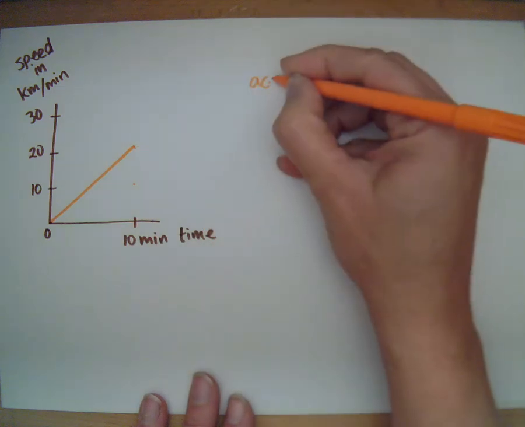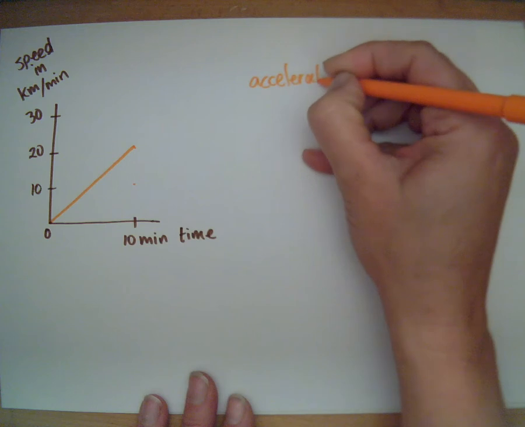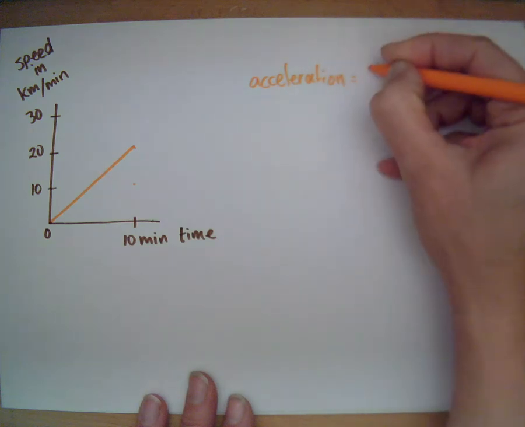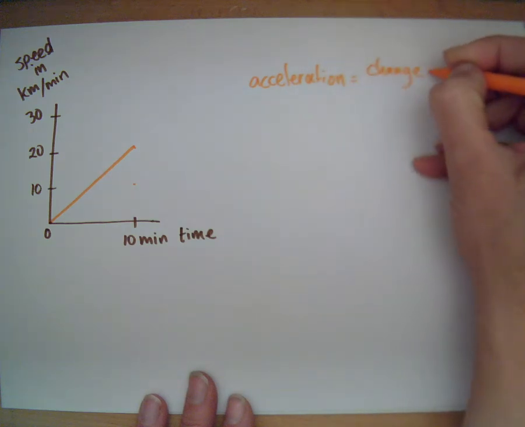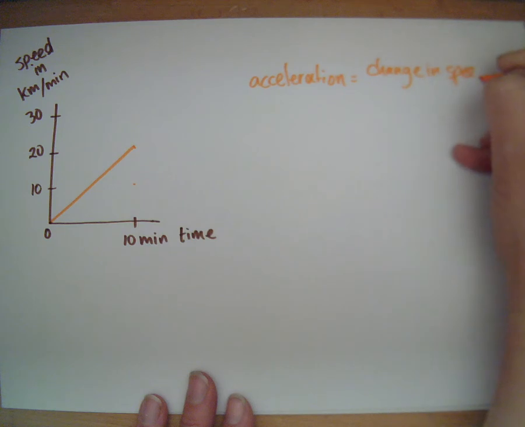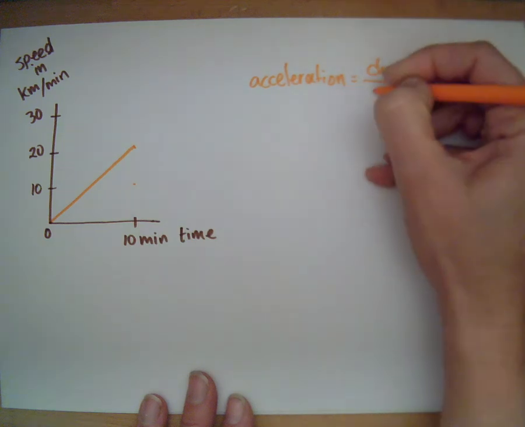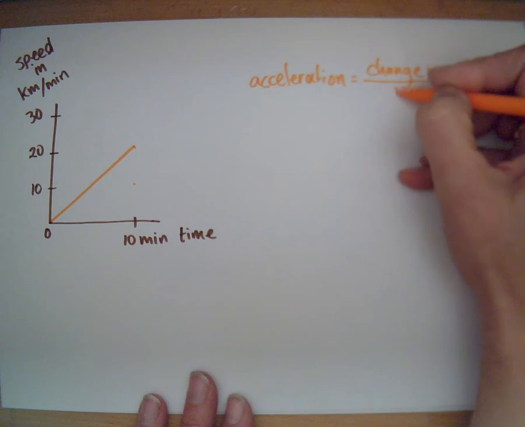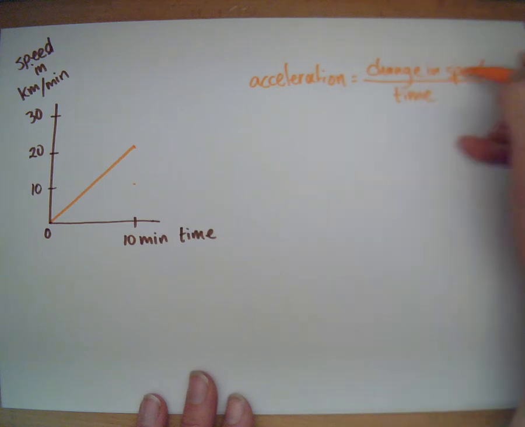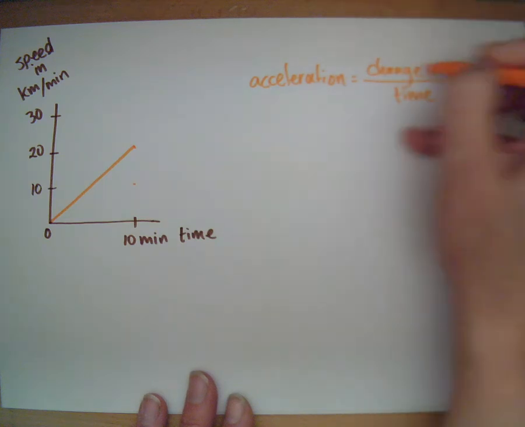Acceleration is the change in speed divided by the change in time, or we can say the time that it took to change my speed.